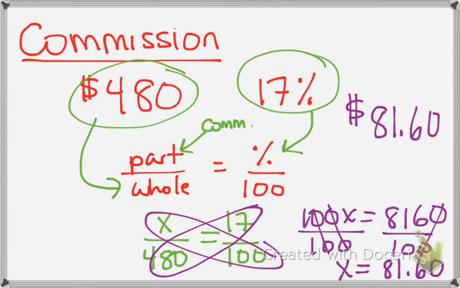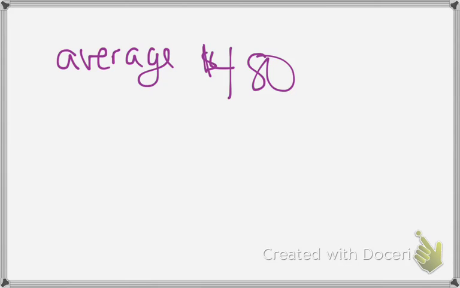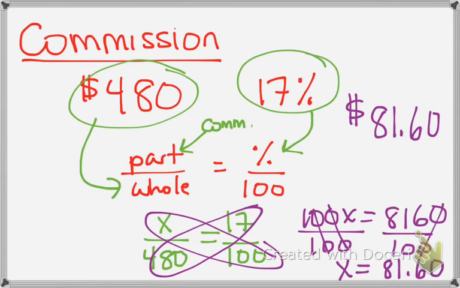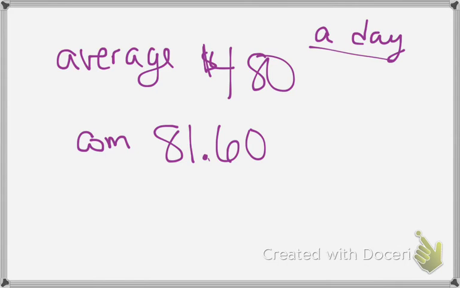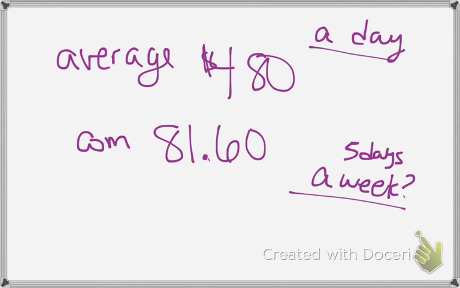So let's say I did that like in one day, right? So say every day, let's say I average selling, what was that? $480. Okay, I know that means that my commission was going to be $81.60. Let's say I did this every day. So for the entire week, how much do I make? Well, there's two ways you could do this. The hardest way is you could think, okay, there's 5 days in a work week. Let's just say I'm working 5 days that week.